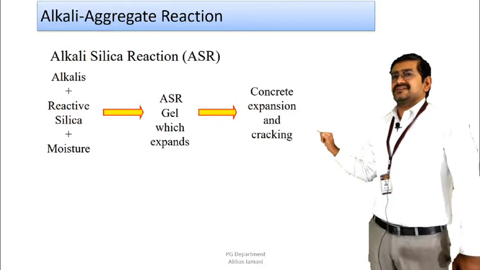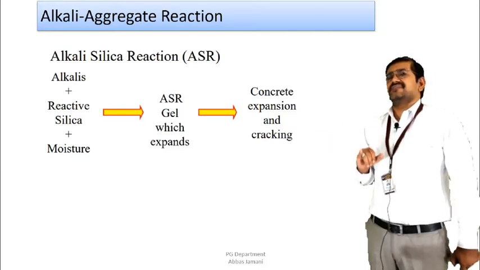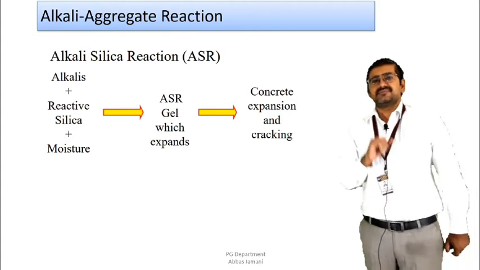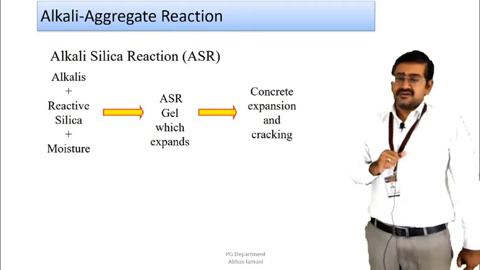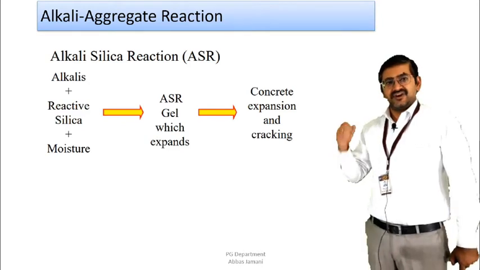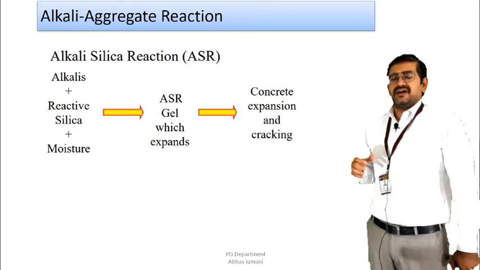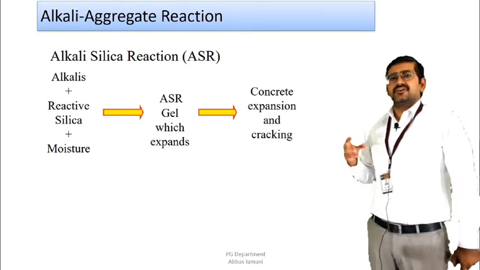And lastly, the moisture is related to the water cement ratio you are having, and whether the concrete is porous and permeable in nature or not. When all these three conditions act jointly, a reactive gel will be formed, which is going to increase the volume of the cement paste, or the volume of the mix, to a great extent.